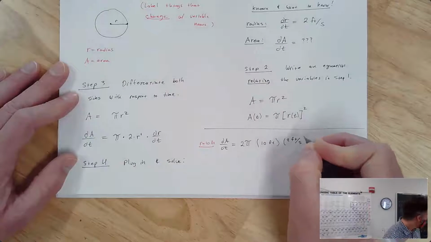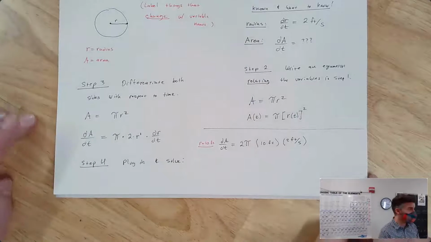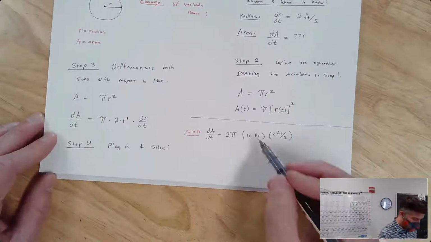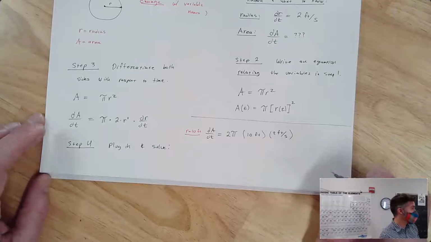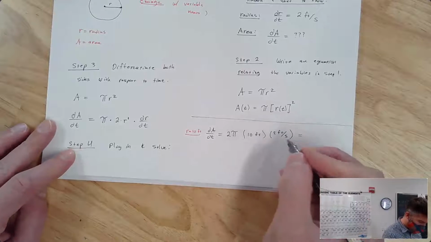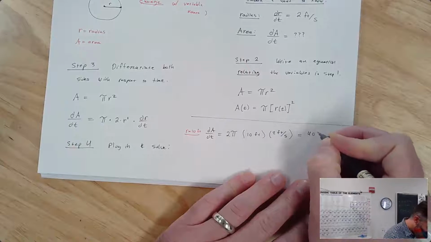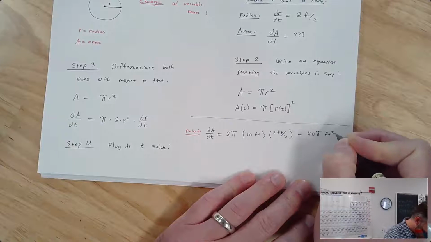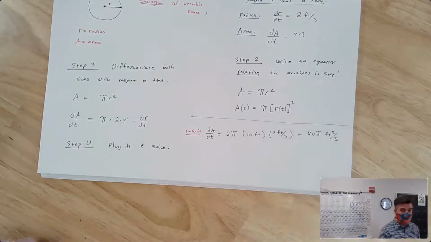Notice when I plug in the units, they are going to turn out to be what they should be. Right? I'm going to have feet times feet per second, which is feet squared per second. So that's going to end up being 2 times 10 times 2 is 40 pi feet squared per second. So when the radius is 10 feet, the area is increasing at 40 pi square feet per second, which is 120 something, right? Because it's 40 times pi.